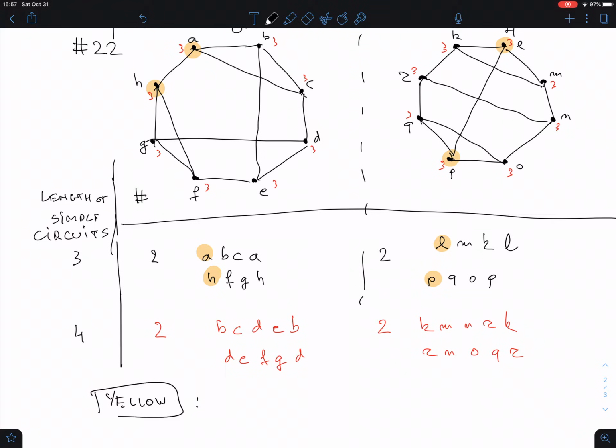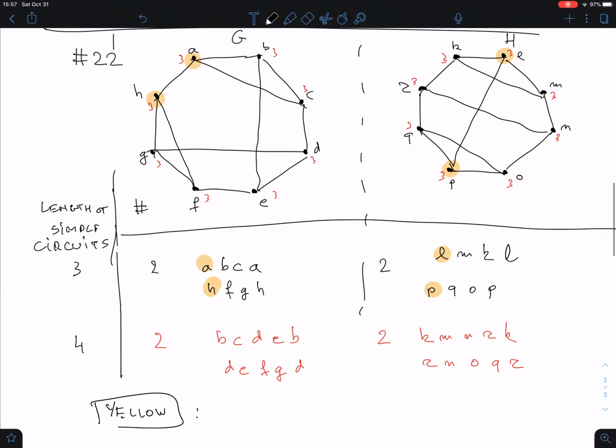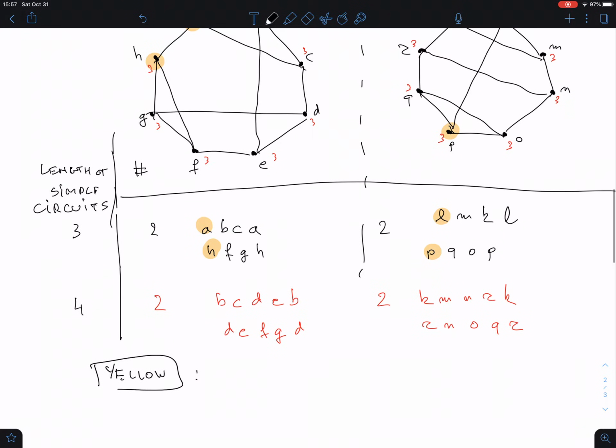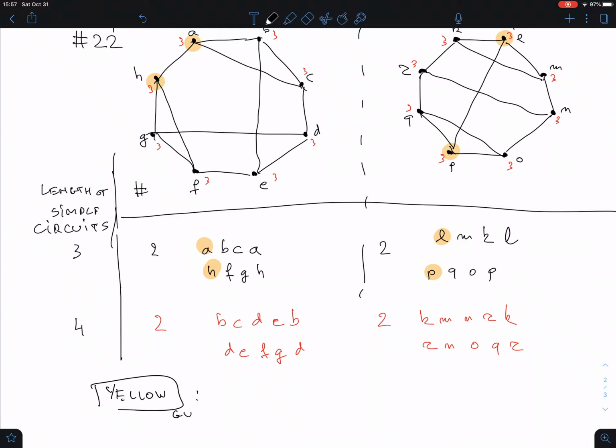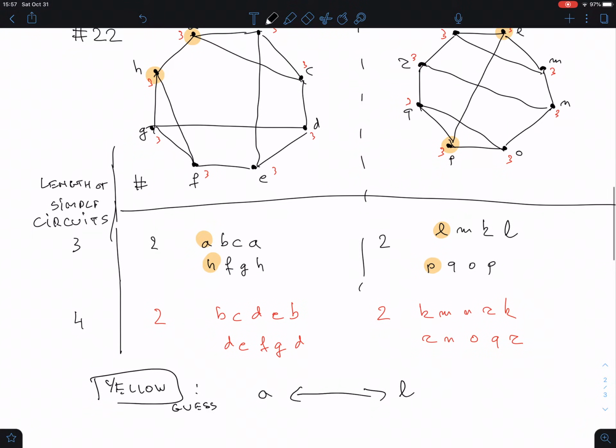Okay. So yellow has to go to yellow, and I'm going to make a guess, because of symmetry, especially on the right-hand side. On the left-hand side, I don't see the symmetry that much, except if you consider symmetry along this axis here. So I think that it will not matter, and I'm guessing that A will correspond to L. Let's make it that way.